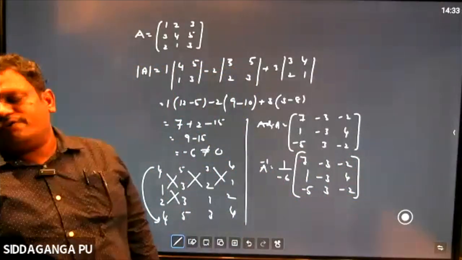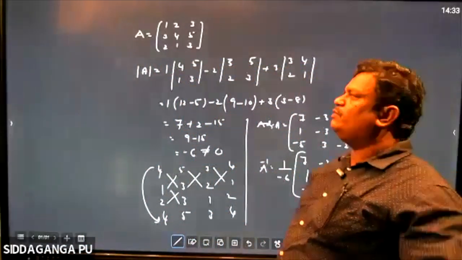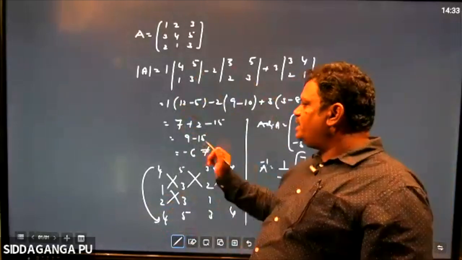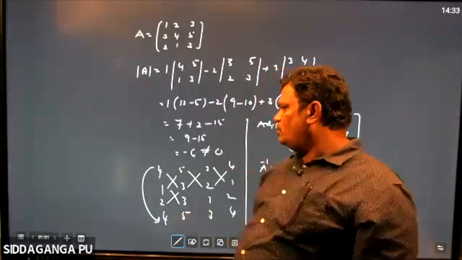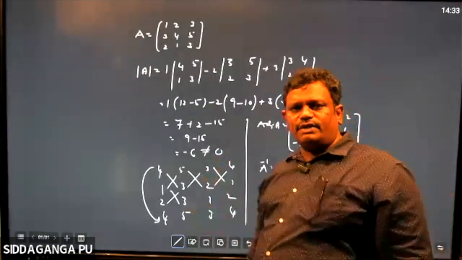This is very, very important. For the case set, they give this type of question many times. To find this, we first find the determinant of the matrix. The determinant must not be equal to 0; only then does the inverse exist.